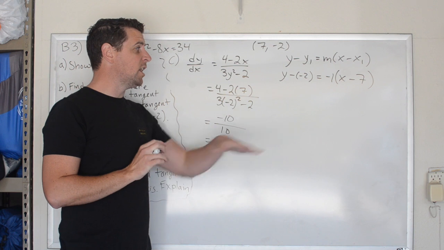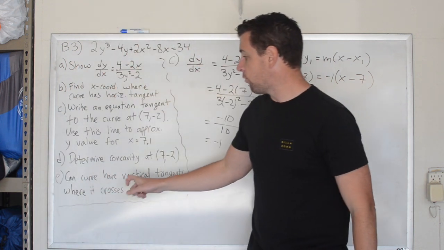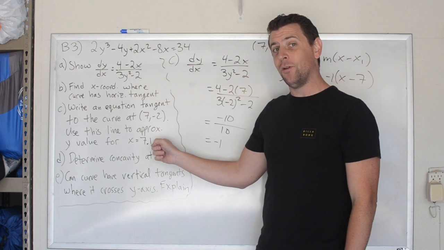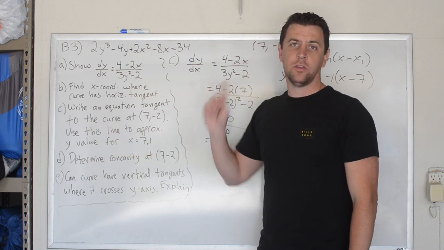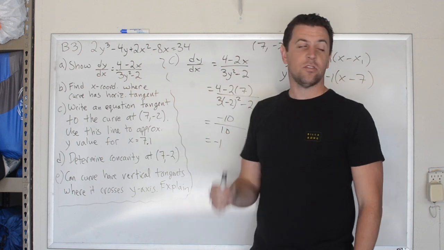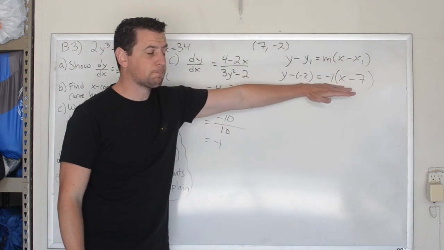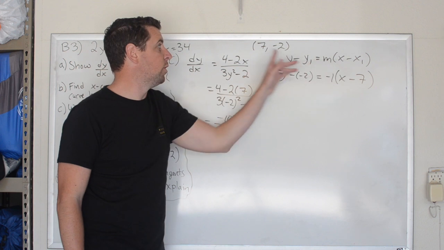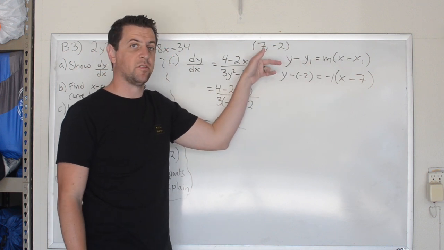However, because I'm going to end up using this line to approximate the y value, I'm now going to go further and solve for y on this equation. Because I have the slope of the tangent line here, I will use it to approximate where this curve is going to be when x is 7.1. Notice 7.1 is close to 7.